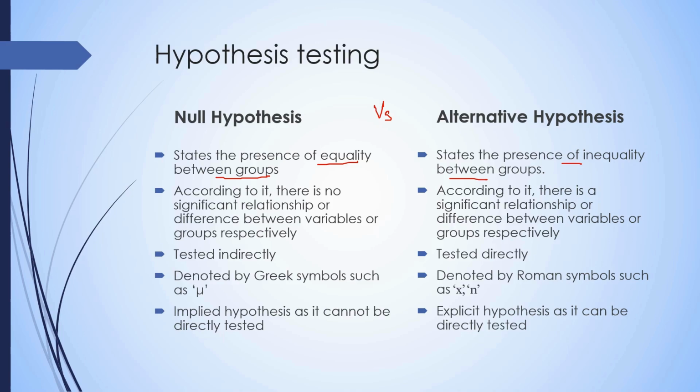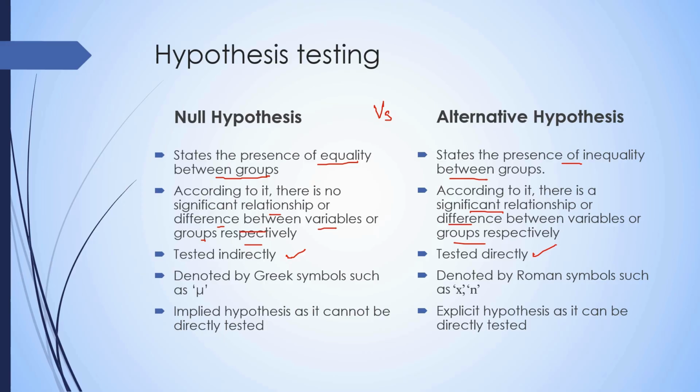According to null hypothesis, there is no significant relationship or difference between variables or groups respectively, which means there is no significant relationship between the variables or no difference between the groups under study. And in alternative hypothesis, there is a significant relationship between the variables or there is a significant difference between the groups under study. Null hypothesis can be tested indirectly only, while alternative hypothesis can be tested directly. What does this mean?